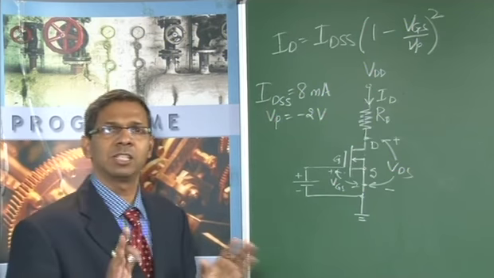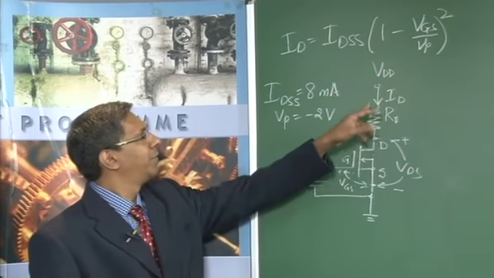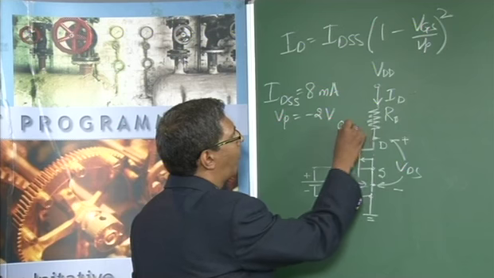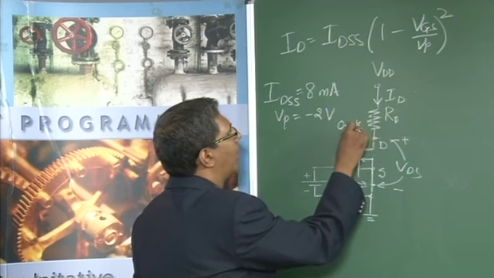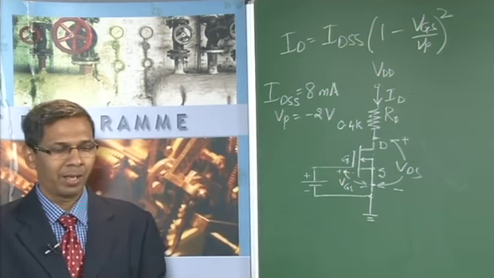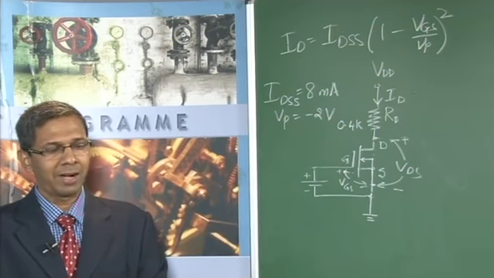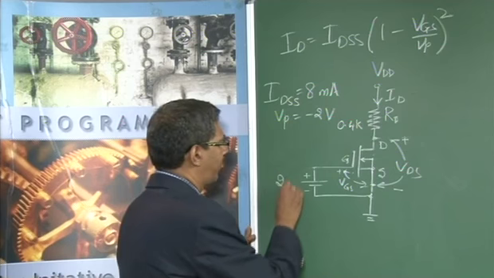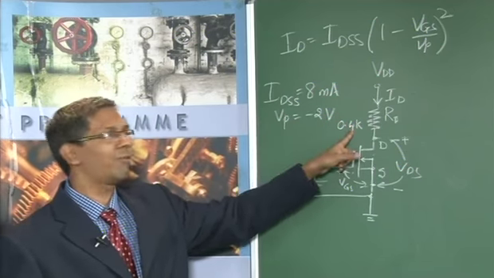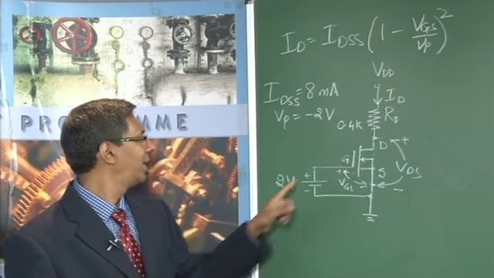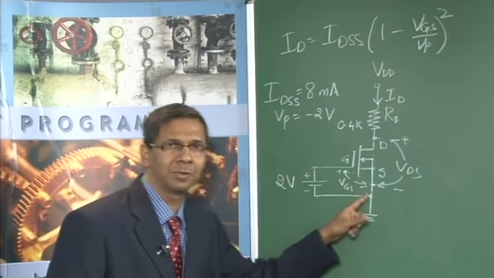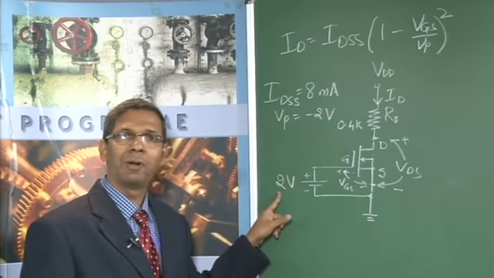So in this numerical, we have been given the value of RD as 0.4 kilo ohm, and the applied voltage is 2 volts. We have to figure out whether it equals VGS later on.